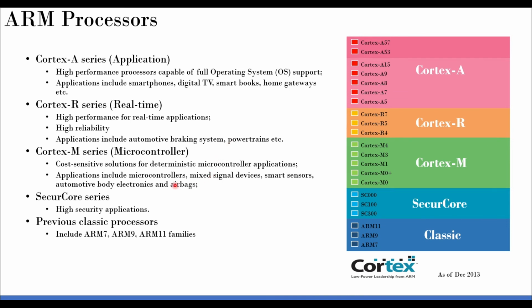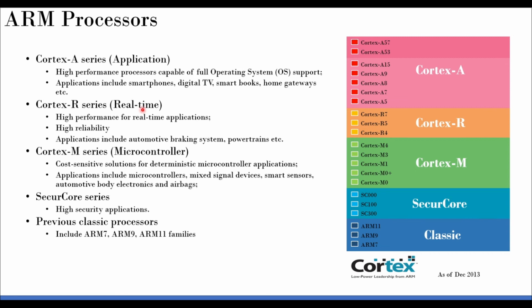Some people can argue airbags also should be there, but we still have some more time for airbags compared to braking, because the braking has to be efficient so that airbags get triggered, as there is some correlation between them. So this is the Cortex-R series. If somebody tells you that they are working on an R7, R5 or R4 processor, which are listed here, then that means they are working on a real-time processor from ARM.